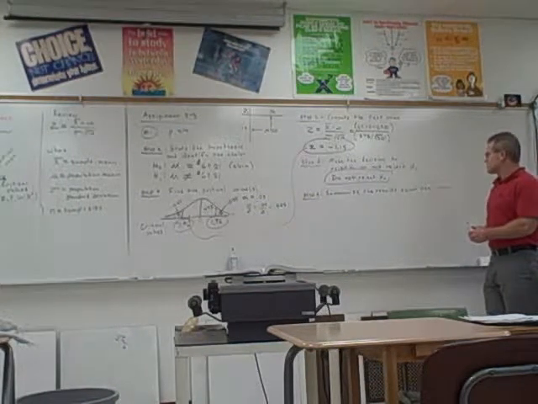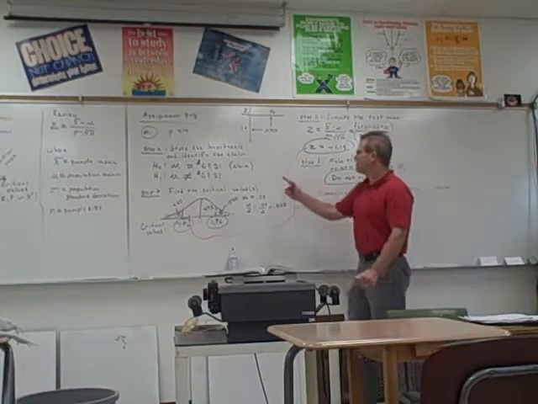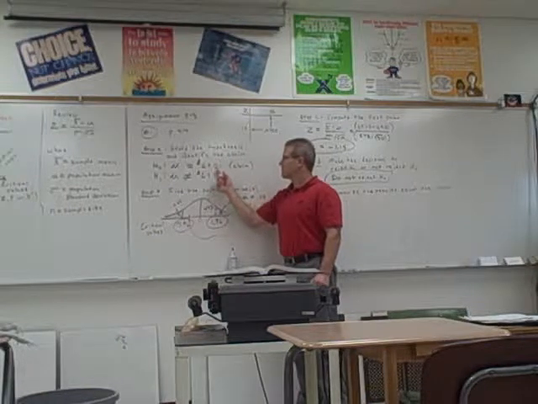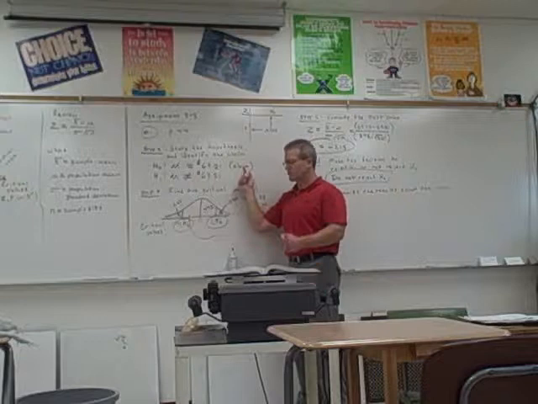Now, summarize the results about the claim. So now we're going to talk about the claim. If we do not reject the null, and the claim is the null, now we say do not reject the claim.